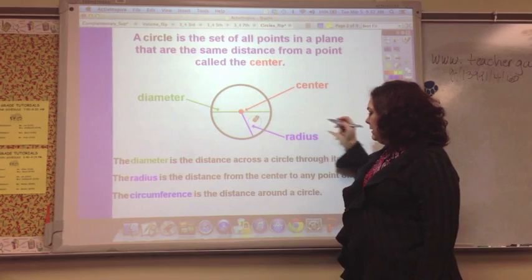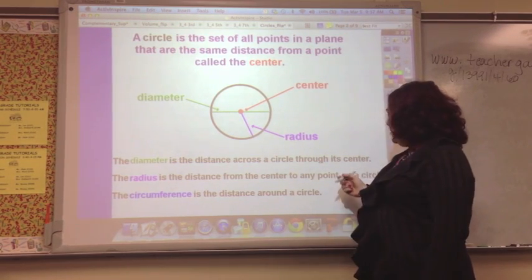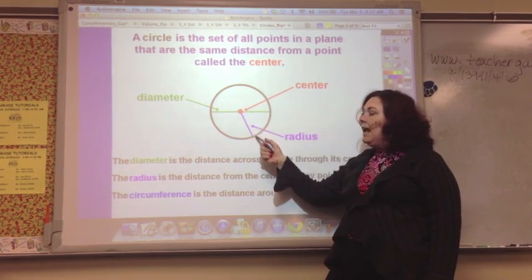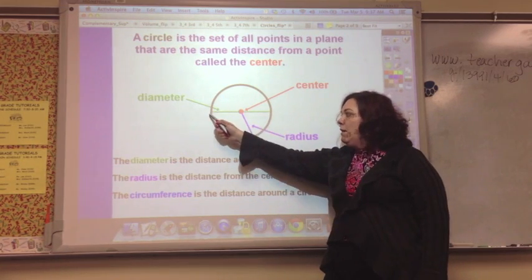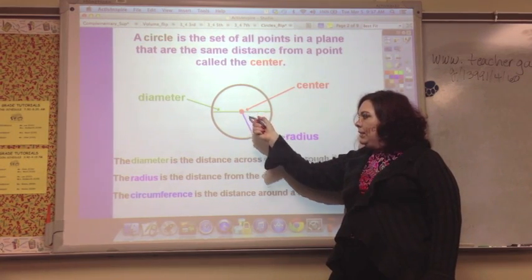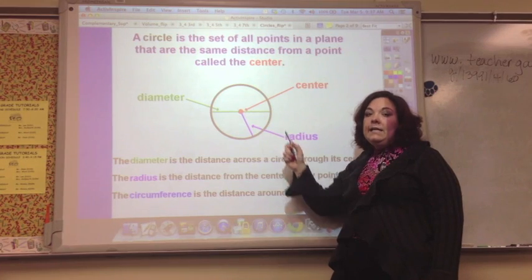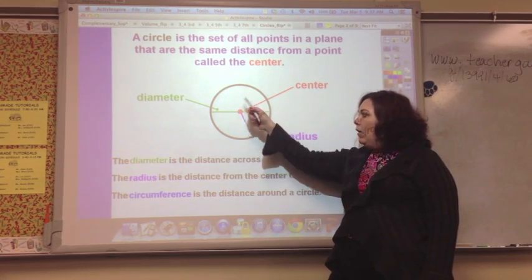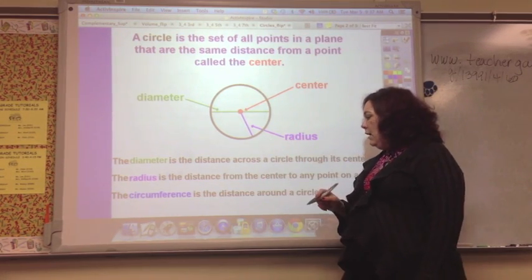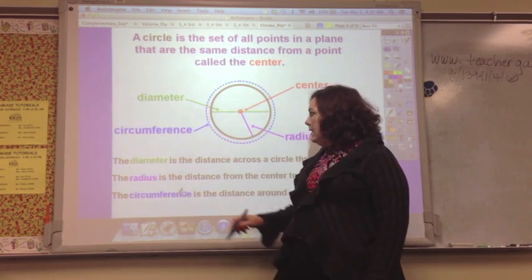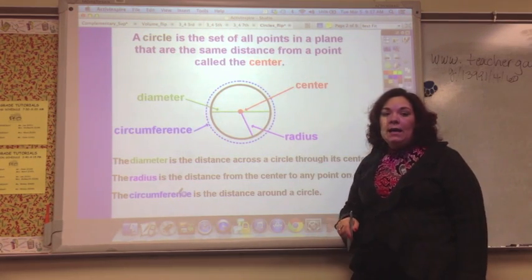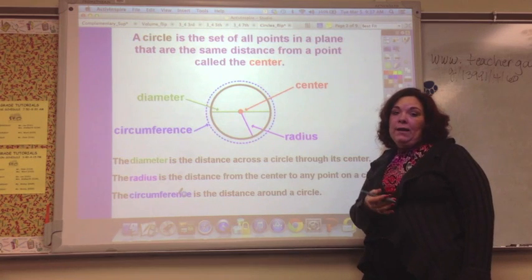the distance from the center to any point on the circle. So it's half the distance of the diameter because it just goes from the center to the side. And again, there could be a radius all the way around. And then the circumference is the same as what perimeter is to rectangles.